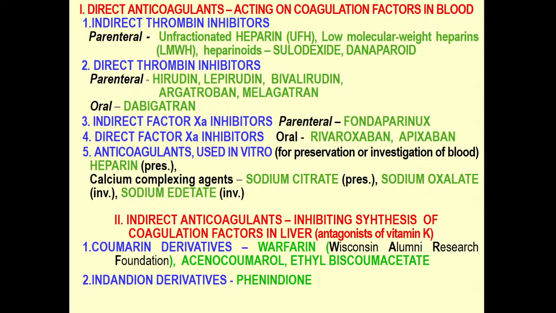Second group, direct thrombin inhibitors. They are used mostly parenterally: hirudin, lepirudin, bivalirudin, argatroban, melagatran. And one of them, the latest, dabigatran, is used orally. The third group, indirect factor 10A inhibitors.